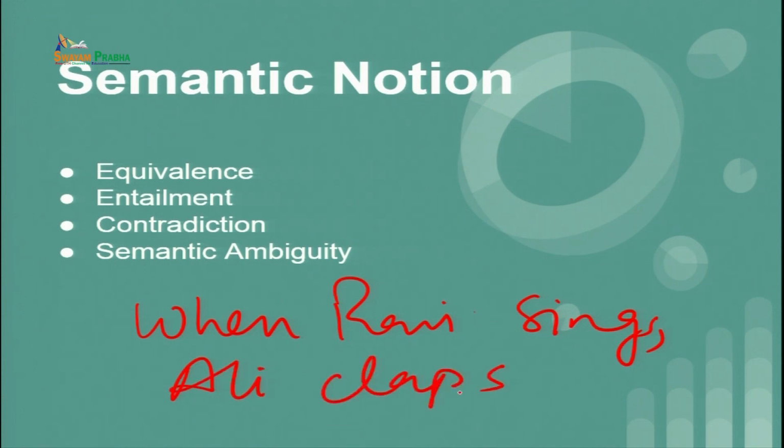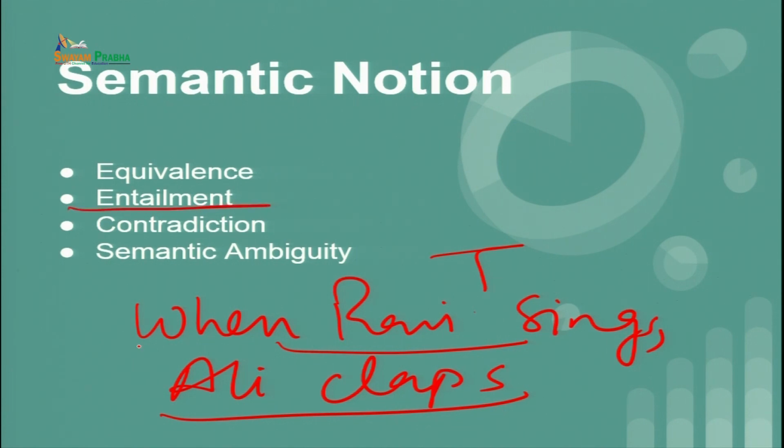So, the crux here is that when A is true, B also is true. When Ravi sings, Ali claps, right. So, this is the concept of entailment. It entails that Ravi sings.